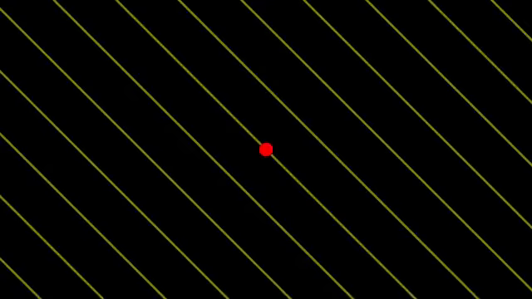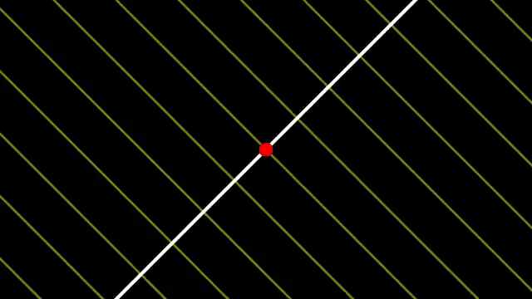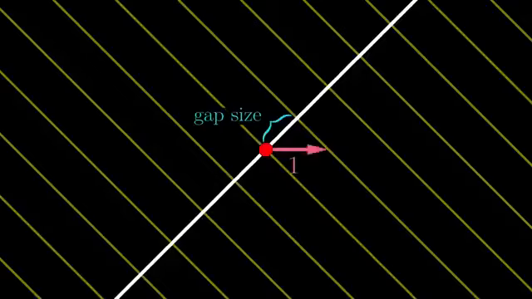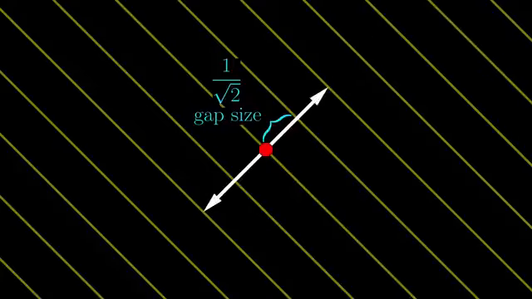Which covector is this? We know the corresponding vector lies on this perpendicular line, then we need to figure out the gap size. With the help of this vector telling us how long one unit is, the gap size can be calculated to be 1 over square root of 2. So because the length of the corresponding vector is 1 over the gap size, the length is now square root of 2.